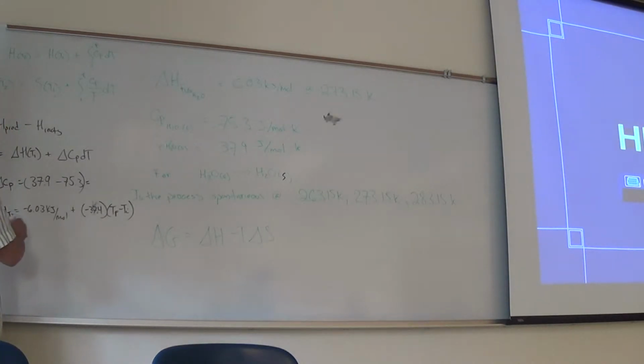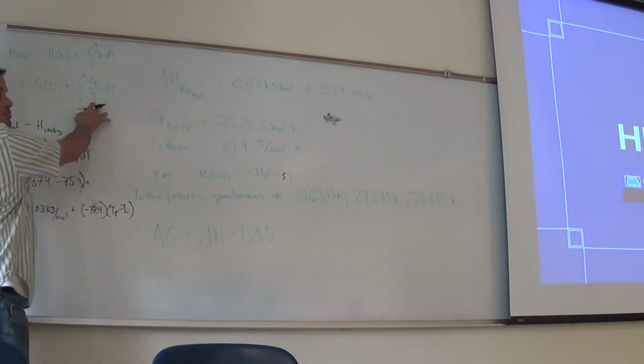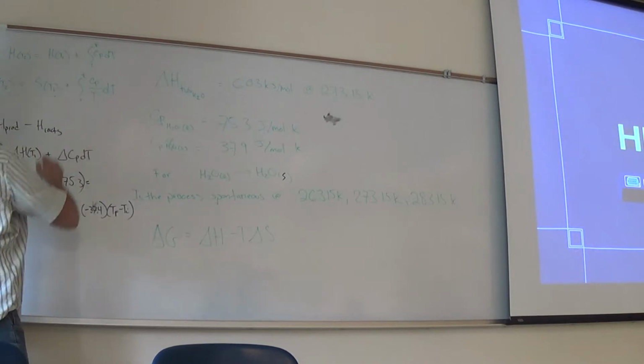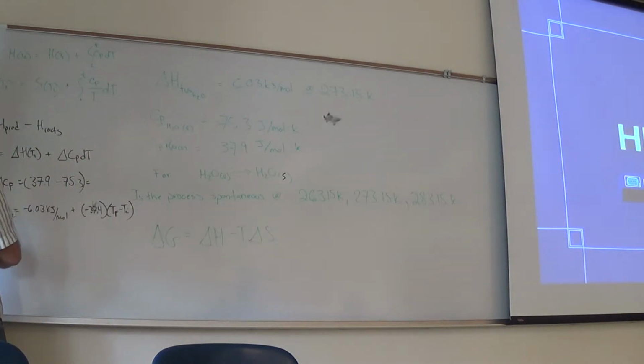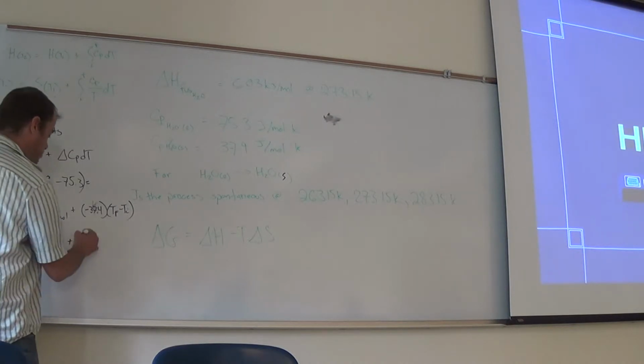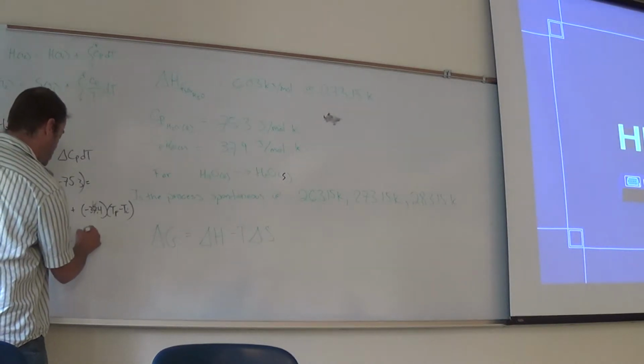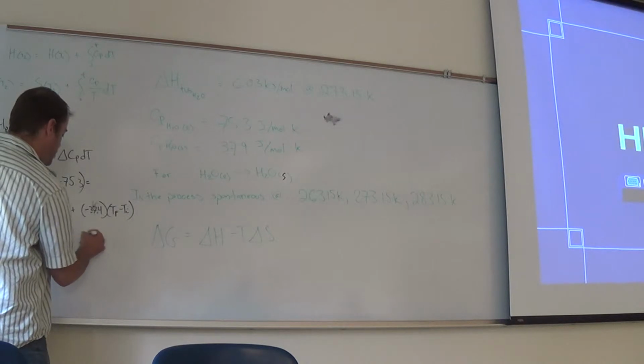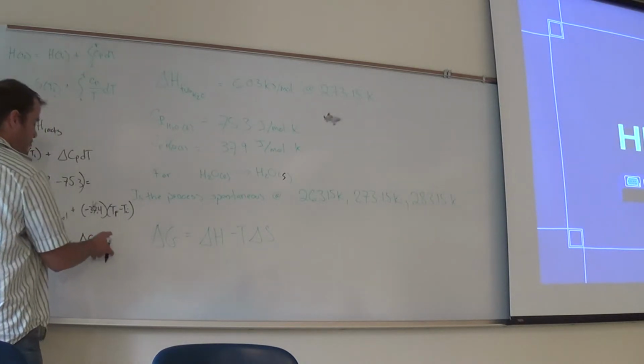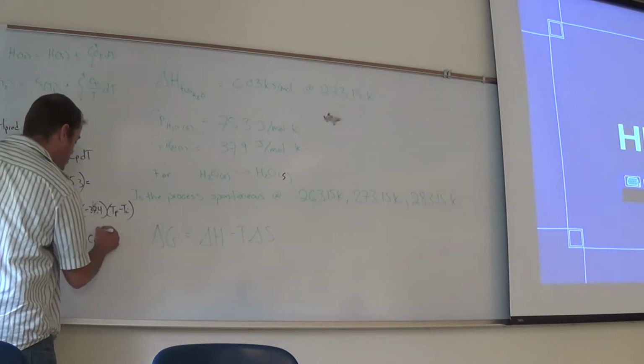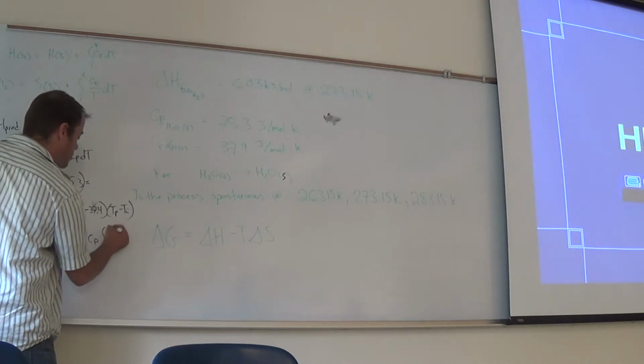Your delta S, when you plug this in the same exact way that we did this one, you're going to get that delta S of T2 is equal to delta S of T1 plus delta C sub P times the integral of 1 over T dT, if C sub P is constant, it comes out.